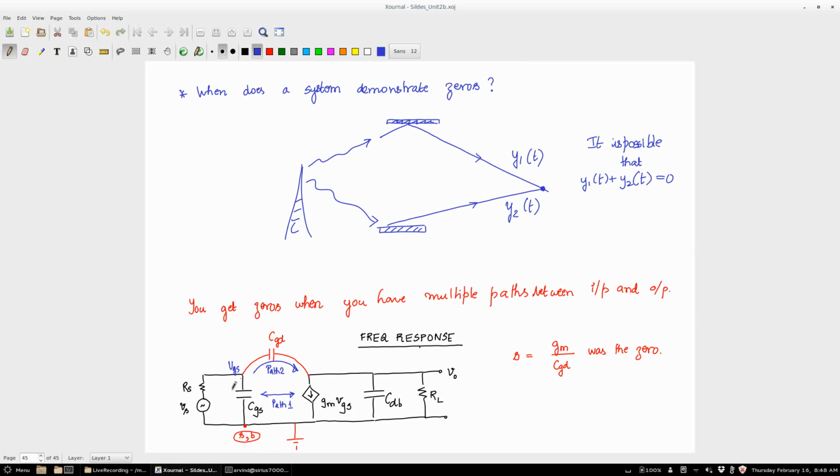Yes? Again, it's a very crude kind of thing, right? We are not talking very precisely. What I am saying here is basically that there is a VGS here. Then if you look at the output node V0, there will be some contribution to V0 from the fact that you have a GM times VGS. So that is your path 1.